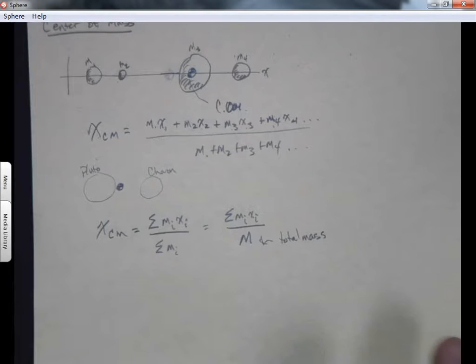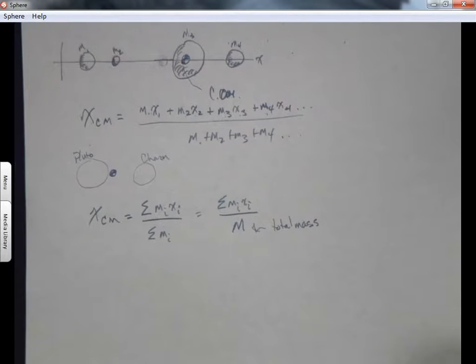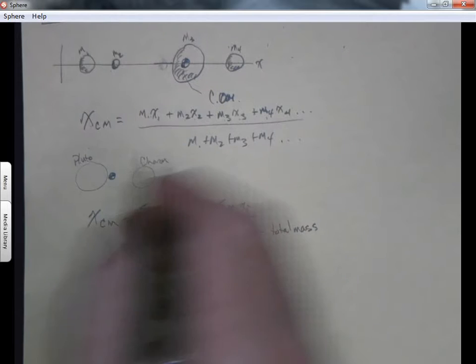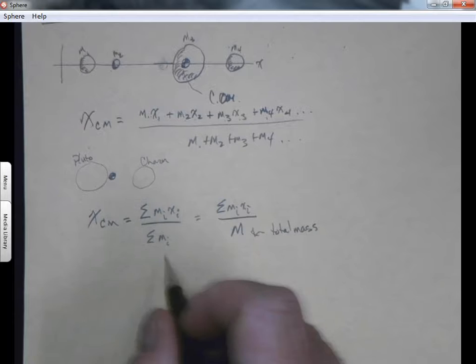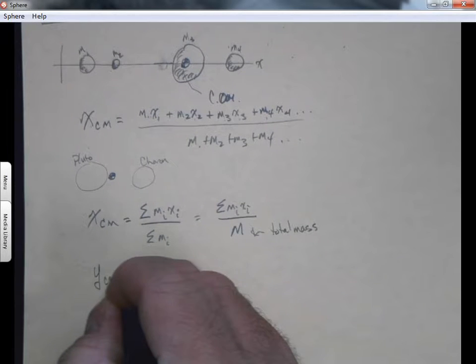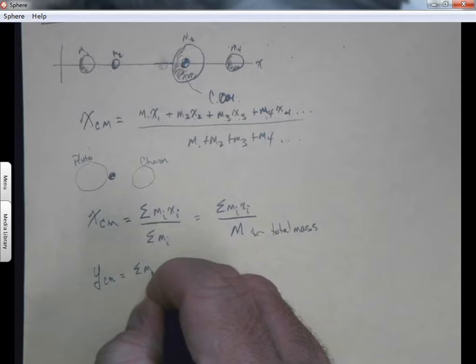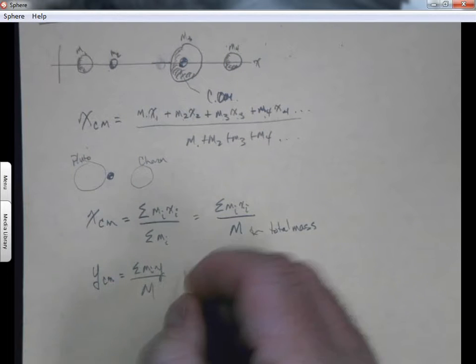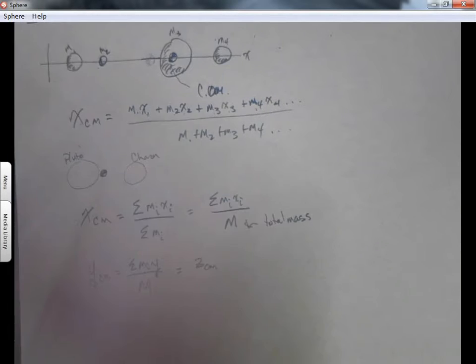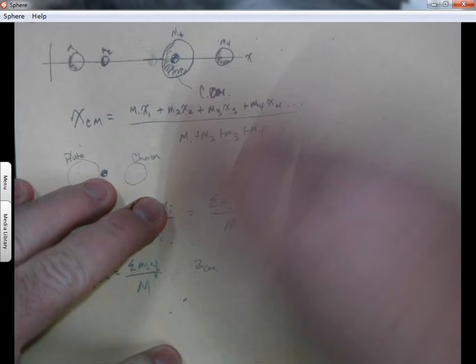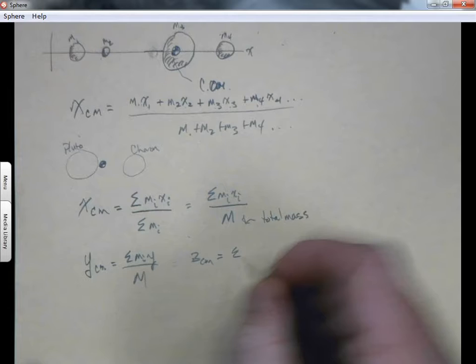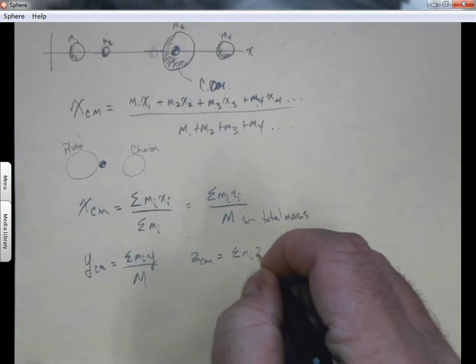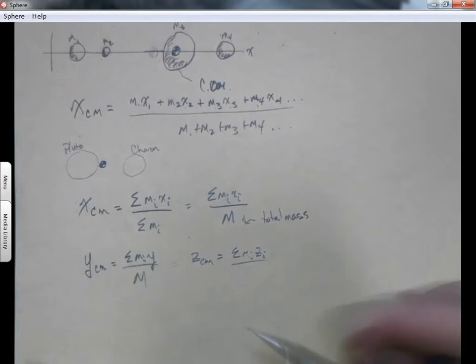Well, that leads us to start breaking this up, because the position of the center of mass is actually a vector. We can do the same calculation for the y center of mass, which would be the sum of m y over M, and the z center of mass equals the sum of the masses with the z positions all over the total mass.